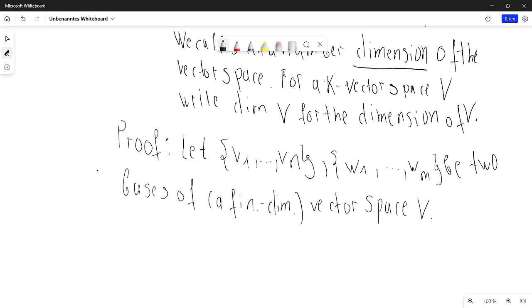That is, they are both subsets of V. They're both linearly independent, respectively, and they both span V, right?